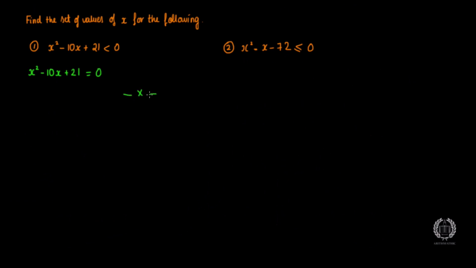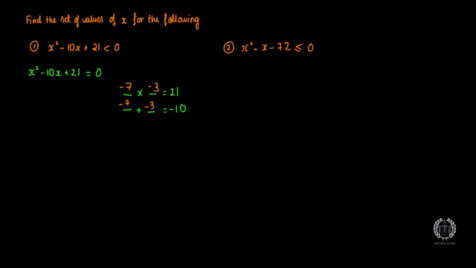So I want two numbers that multiply to give 21, and add to give minus 10. Your two numbers that multiply to give 21 are 7 and 3, but you need minus 10. So I'm going to have both minus 7 and minus 3, because minus 7 plus minus 3 gives me minus 10, and minus 7 times minus 3 gives me positive 21.